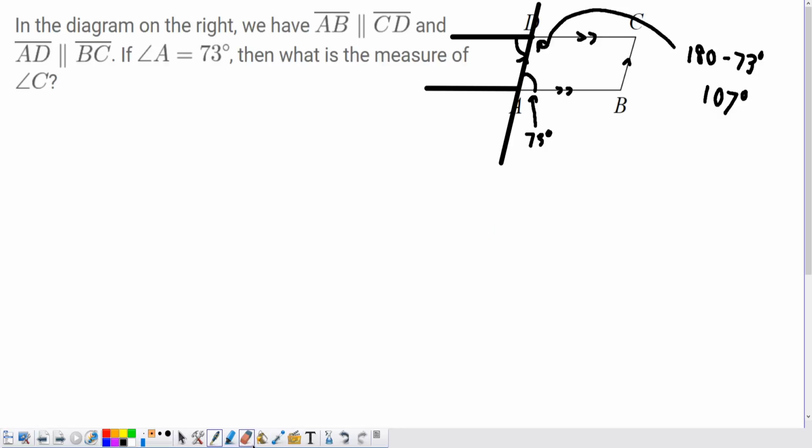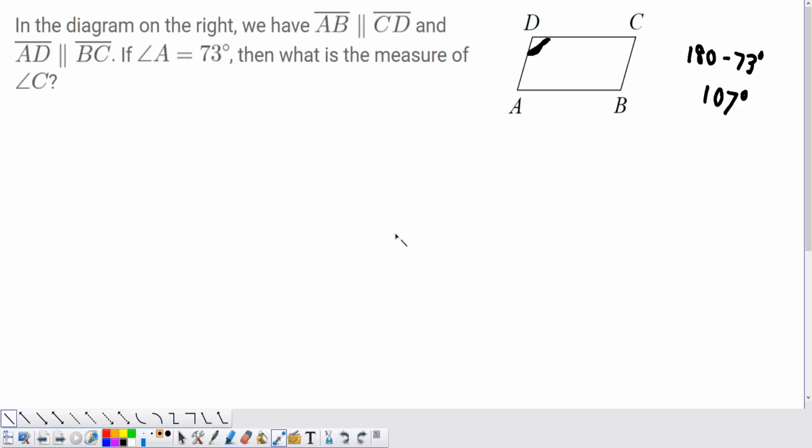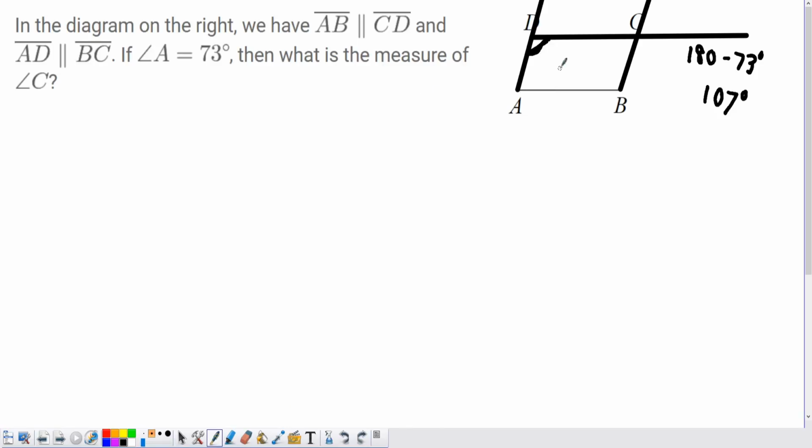Now, let me clear up some of this stuff, all this craziness. And let's just imagine if we applied the same logic for this one right here, 107. Extend, extend, and we get another parallel line setup, just like that, where we can do alternate interior.